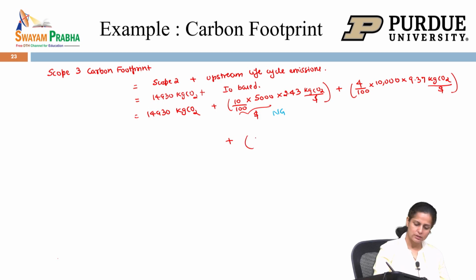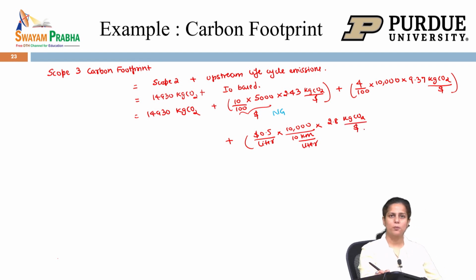So, for gasoline we have $0.5, that is for per liter. We calculate the total amount of liters consumed. So, we have 10,000 kilometer and the mileage is 10 kilometer per liter, and that is then multiplied by 2.8 kg CO2 per dollar is the input output emission factor for gasoline.